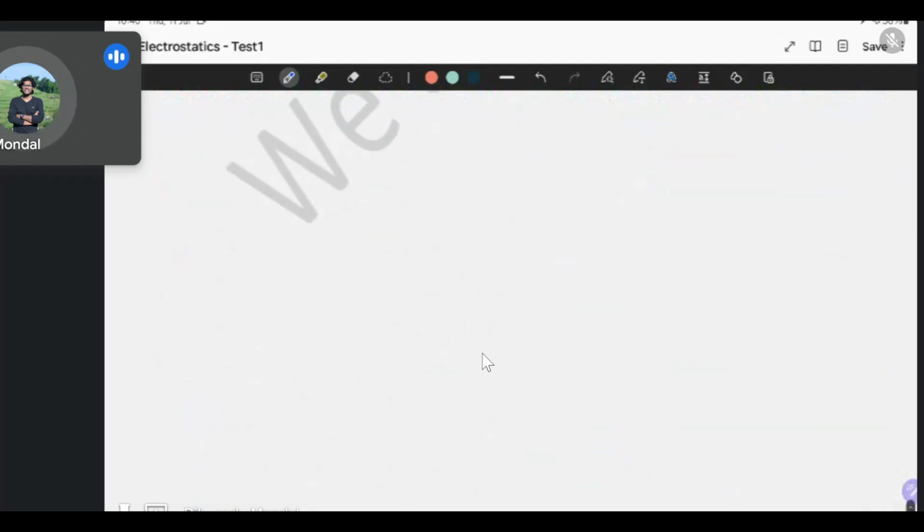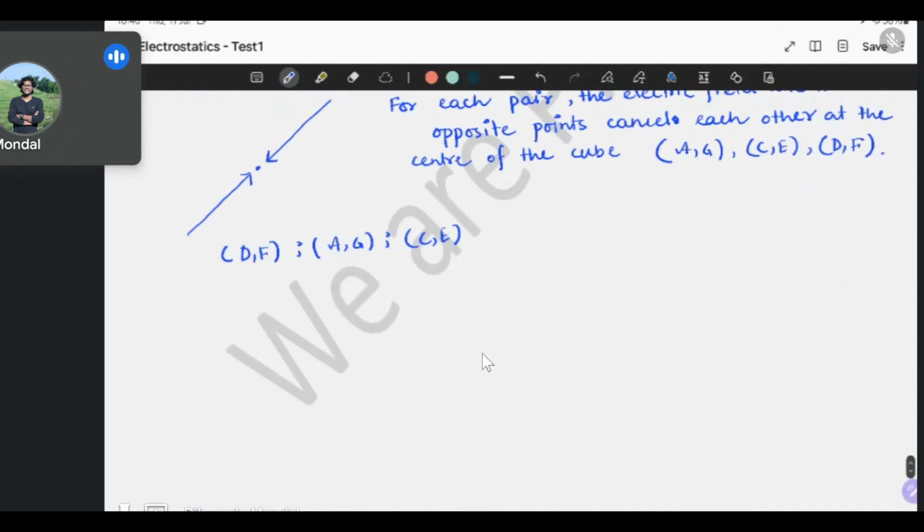This is the center, this is O, this is P, and this is B. So it will be along this direction.